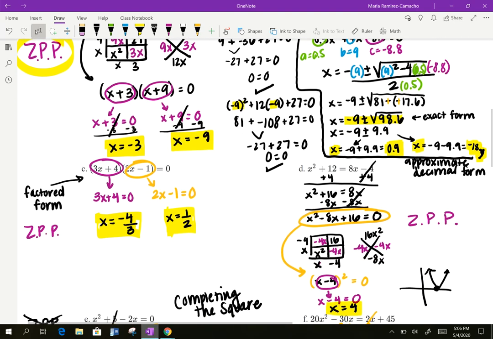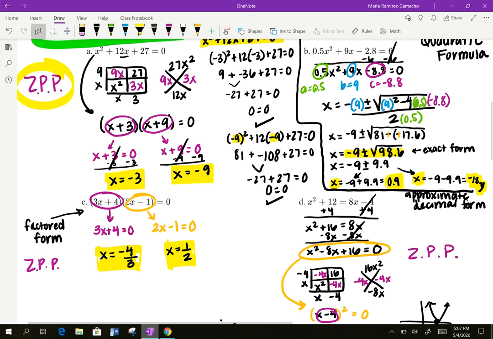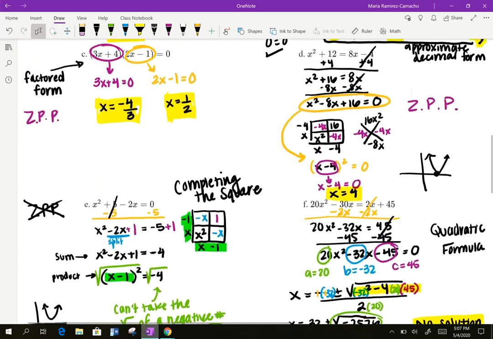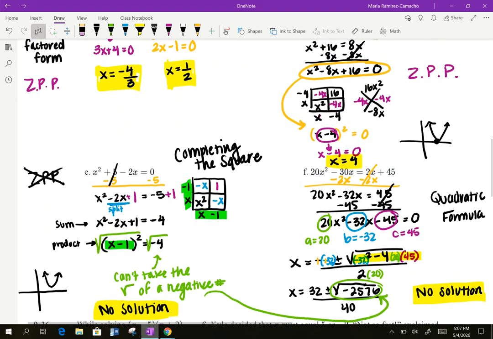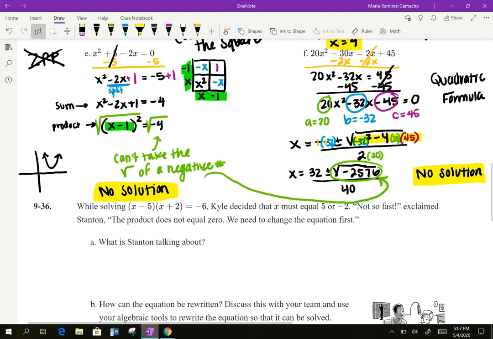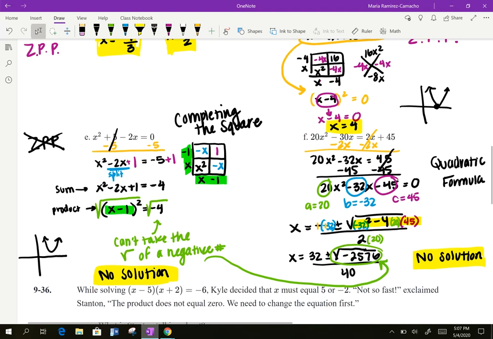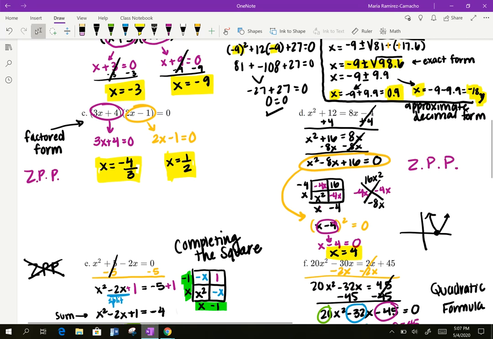We used the zero product property in parts A, C, and D. We use the quadratic formula for B and F, and then we did completing the square for part E. So hopefully now you have some strategies for when to choose what method. If it's nice and factored like it was here in part C, you want to use the zero product property.